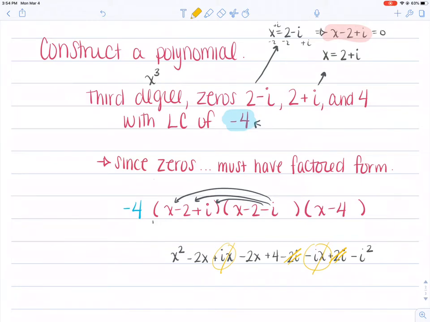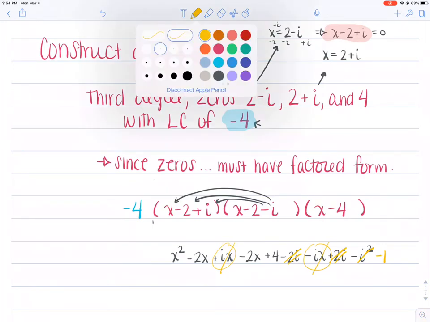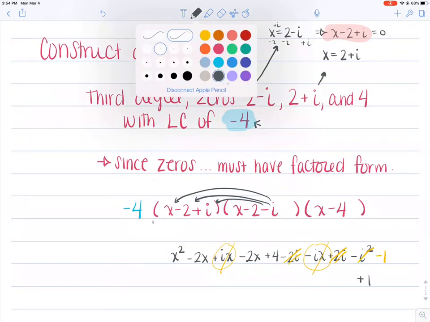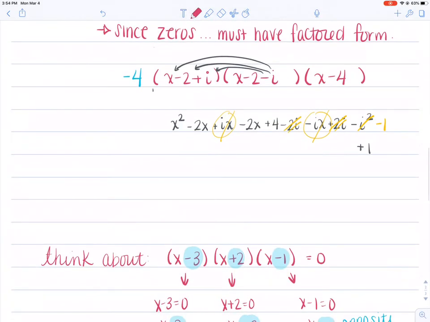And i squared will reduce to negative 1, so I have negative of negative 1, which is going to give me plus 1 right there. So now I'm looking for like terms that I can combine. I have x squared, and then negative 2x minus 2x is going to give me minus 4x, and then 4 and 1 will give me 5.